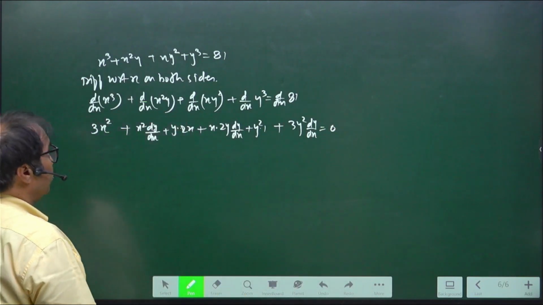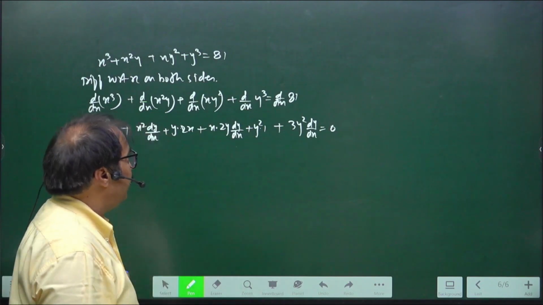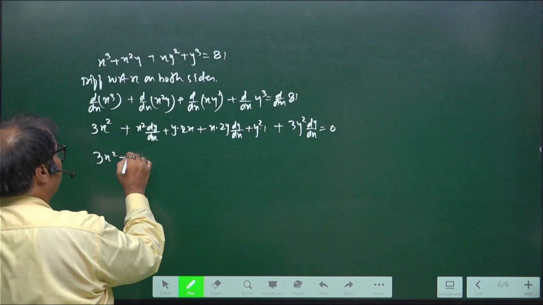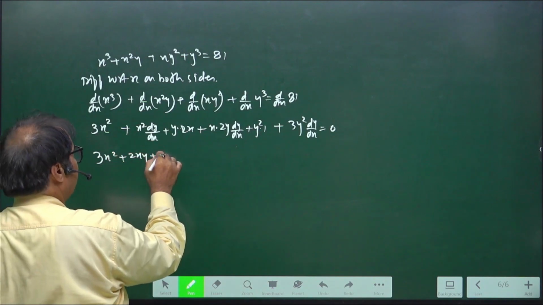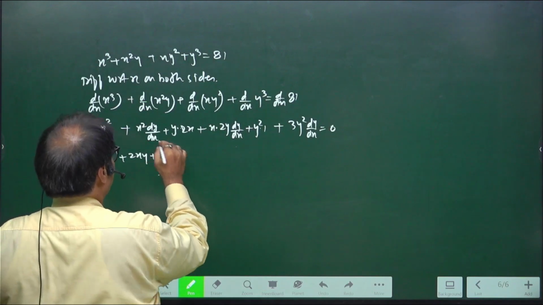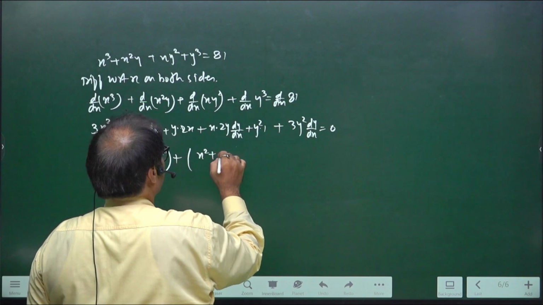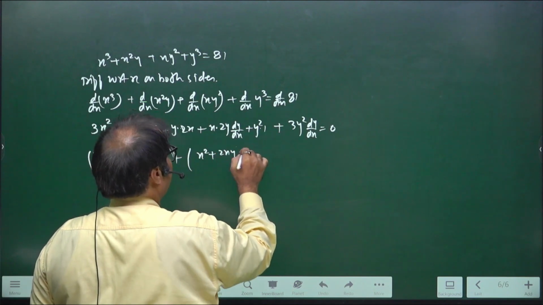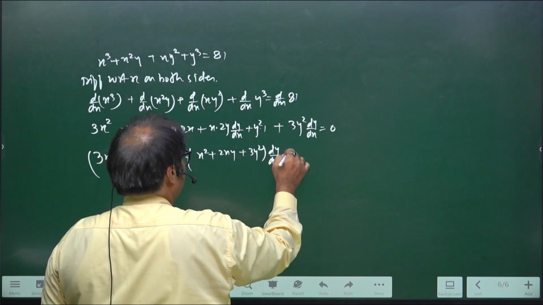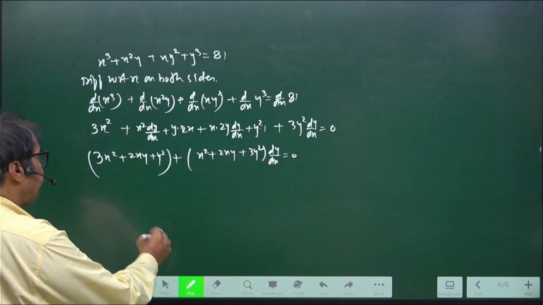Okay. So here is dy by dx, here is dy by dx, here is dy by dx, take as common. So this is 3x square plus 2xy plus y square, keep it in 1, and plus take dy by dx common. So this is x square plus 2xy plus 3y square and dy by dx is equals to 0. Now transfer this to the right hand side.